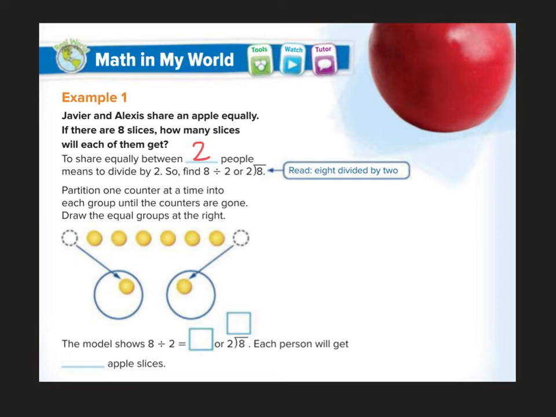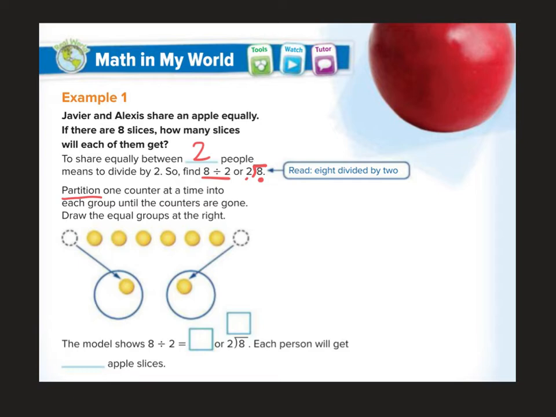I'm dividing it into 2 groups. So to find 8 divided by 2, I can partition one counter at a time into each group. Not cut the counters, right? But I can place one in each group, one at a time, until the counters are gone. Draw the equal groups at the right.